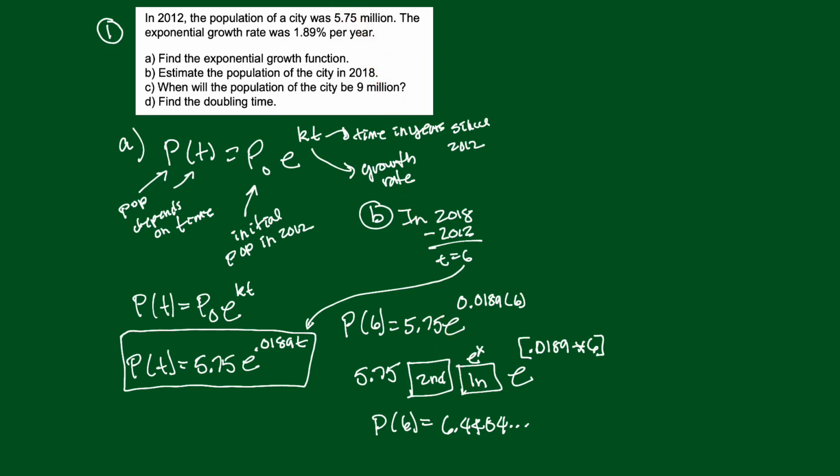So it looks like the third is a 0. So I'm just going to round this to 6.44. So estimate the population in 2018. I'll say in 2018, the population was approximately 6.44 million.